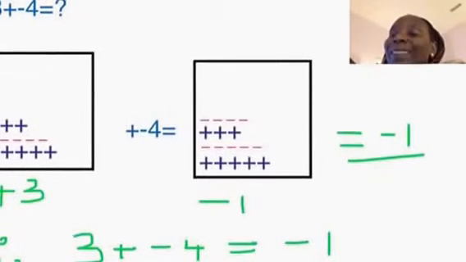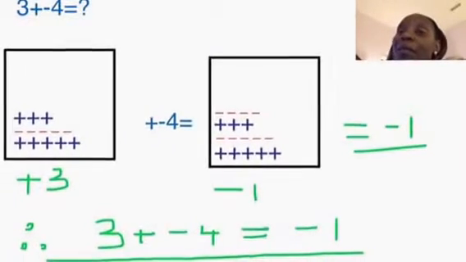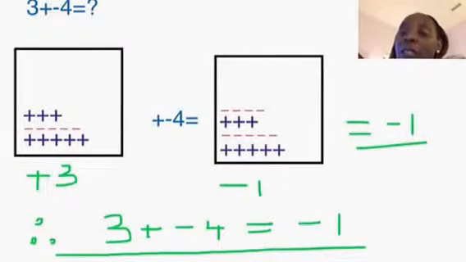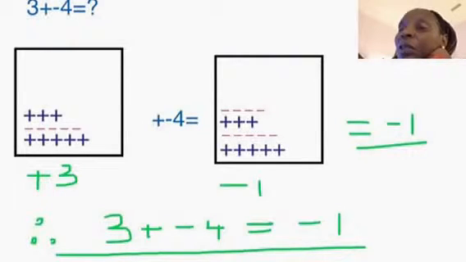Now we add 4 negatives, because we're doing addition. So here we have 1, 2, 3, 4, 5 positive, 1, 2, 3, 4, 5 negative. So that's all balanced. So we have a positive 3, 1, 2, 3, and now we add negative 4, meaning we are going to have to add 4 negative signs.